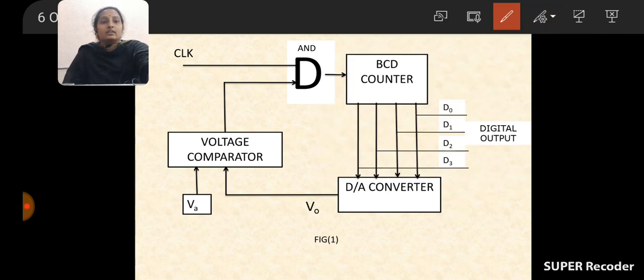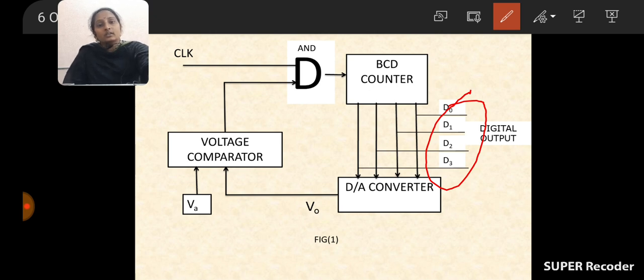And last one, the D2A converter. It will convert the achieved digital pulses into the equivalent analog voltage. The D2A converter will convert the received digital inputs into analog form.